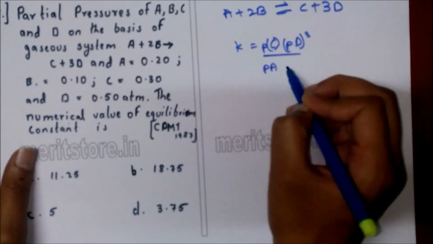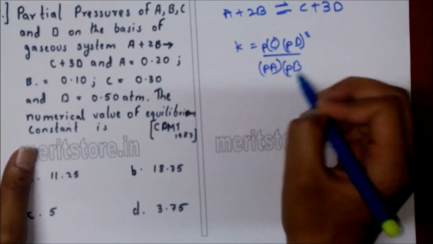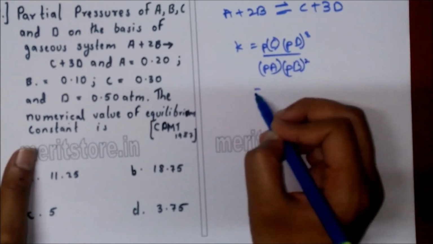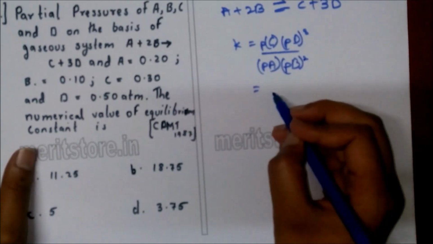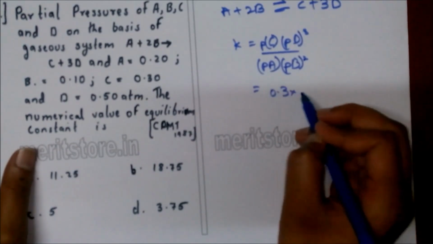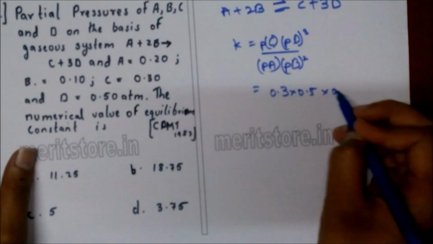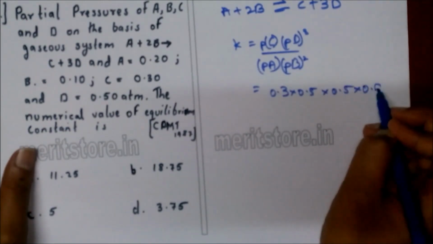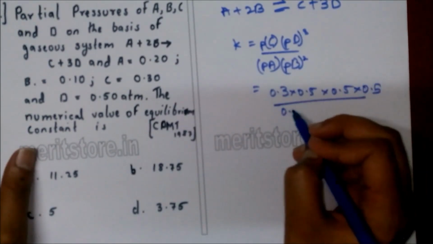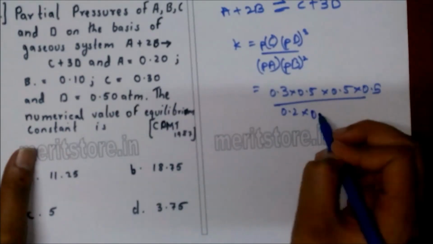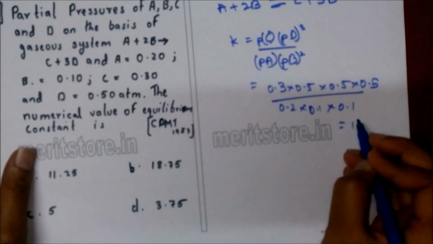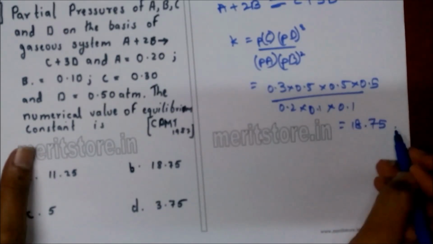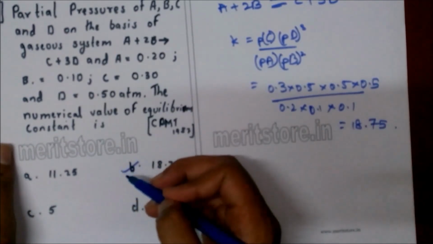Substituting the values, we get 0.3 into 0.5 into 0.5 into 0.5 divided by 0.2 into 0.1 into 0.1. On solving, we get 18.75 as the final answer. So option B is the correct answer.